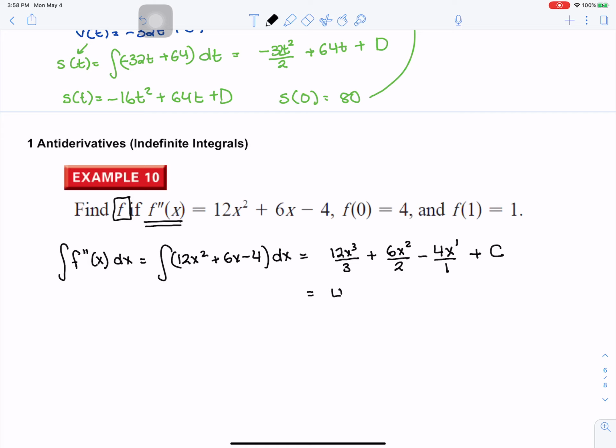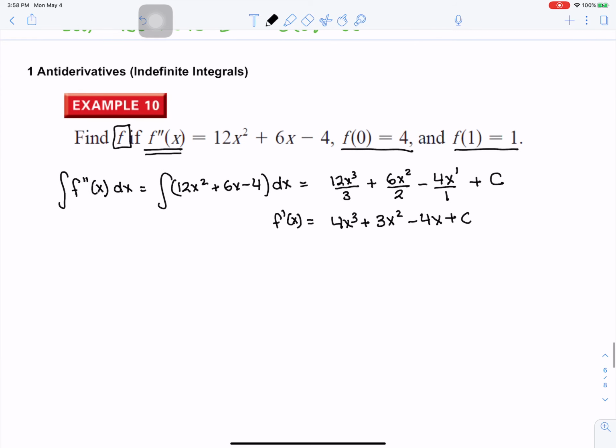So I get 4x cubed plus 3x squared minus 4x plus c, and this represents my derivative function. Now, if you look at the initial conditions, I don't have a derivative initial condition. I have two original function conditions. So what I need to do is do one more antiderivative to get my original function.